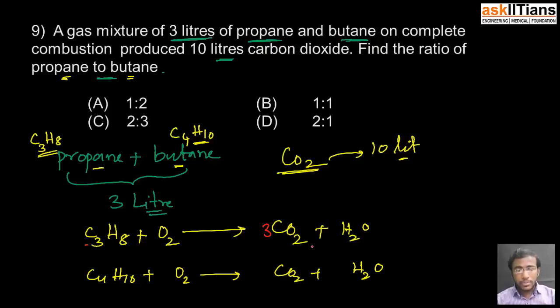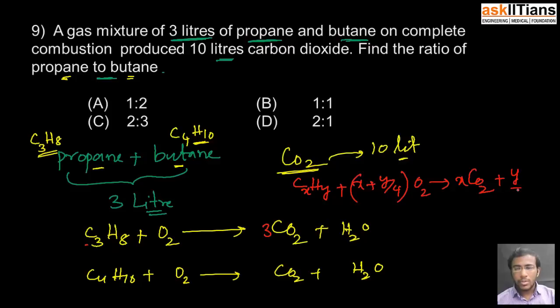You can remember the general combustion equation: CxHy plus (x plus y by 4) O2 gives rise to x CO2 plus y by 2 H2O. So this is what you need to know.